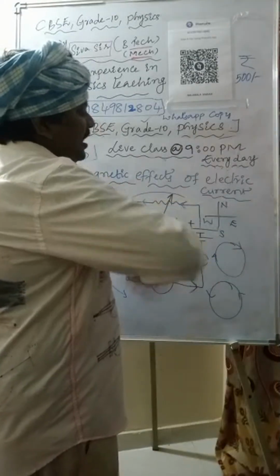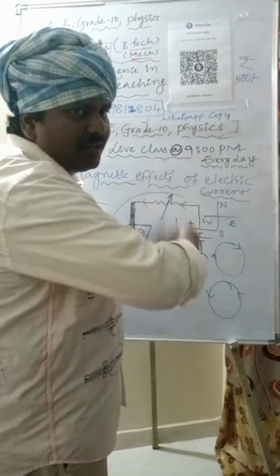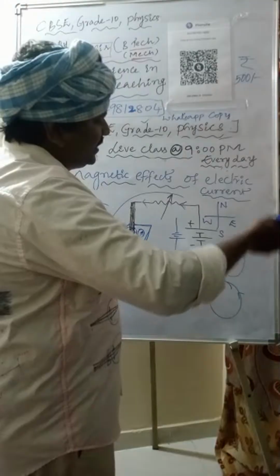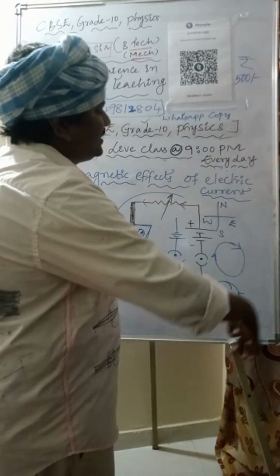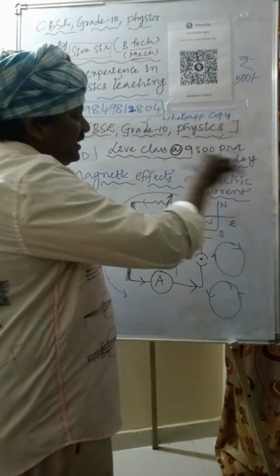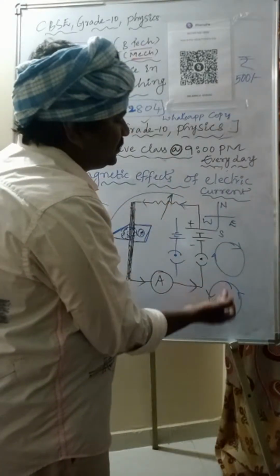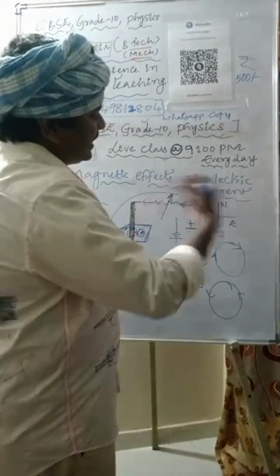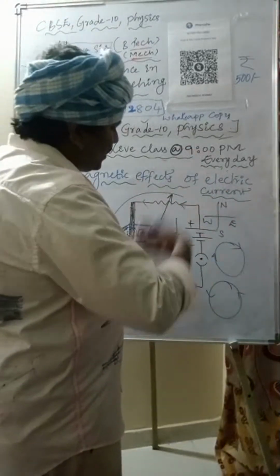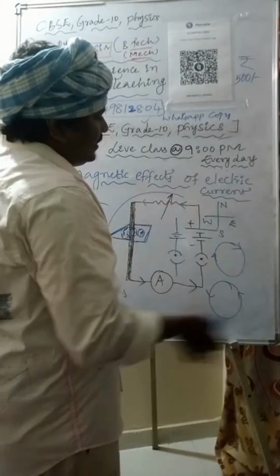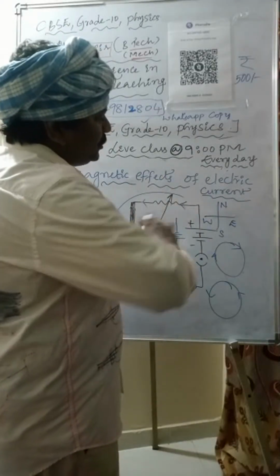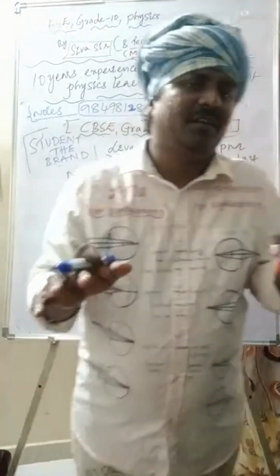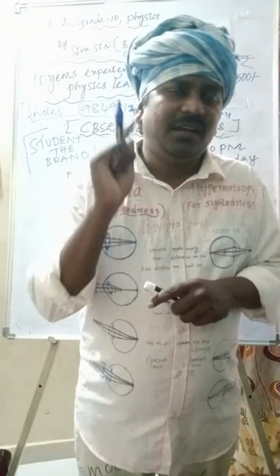If the current passes in the anti-clockwise direction, the compass should show the direction towards the west. If the current passes in the clockwise direction, the magnetic compass should show towards the west. So by this we can conclude only one thing.